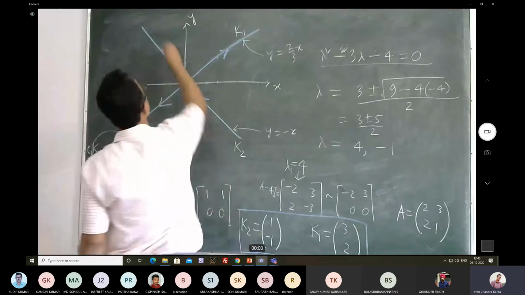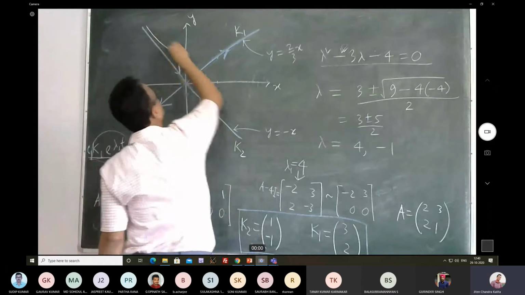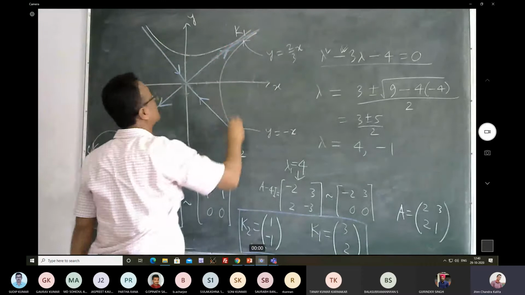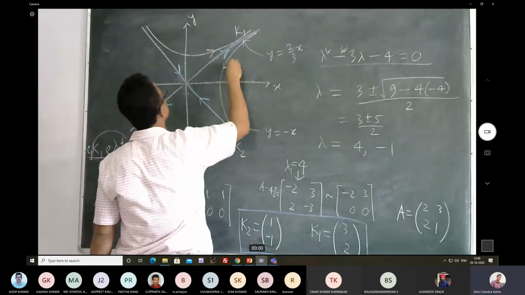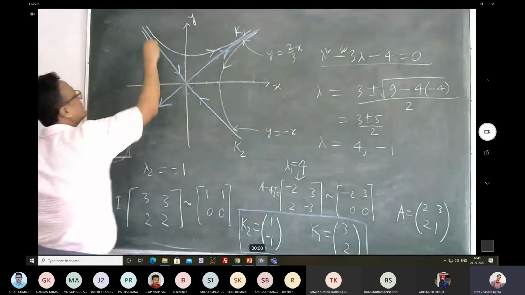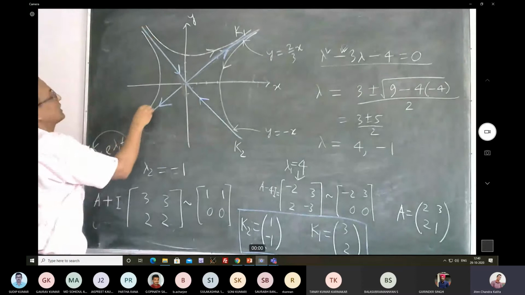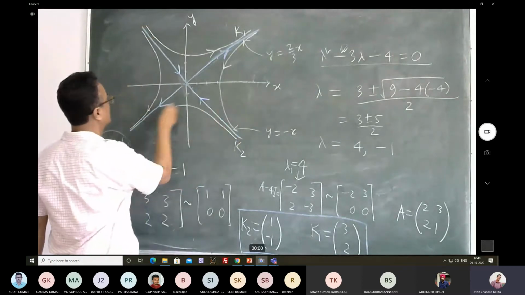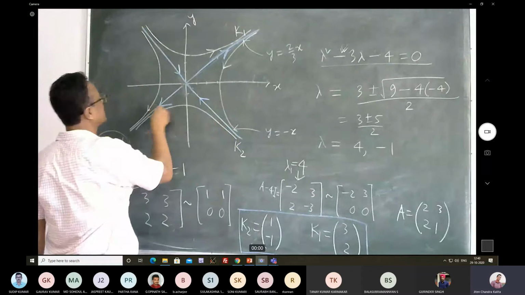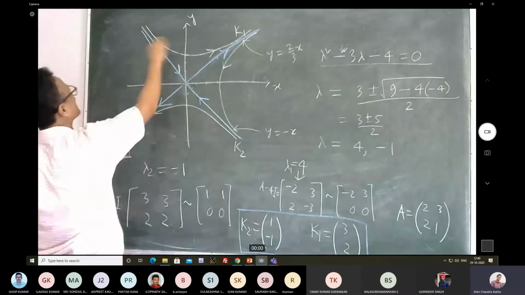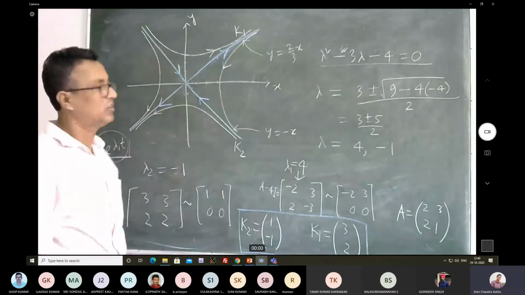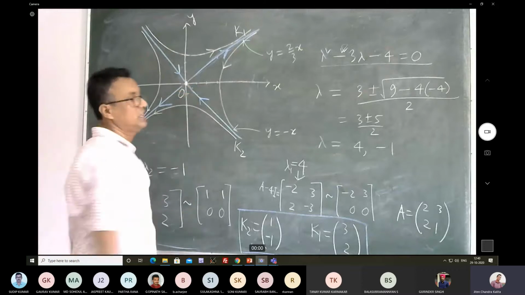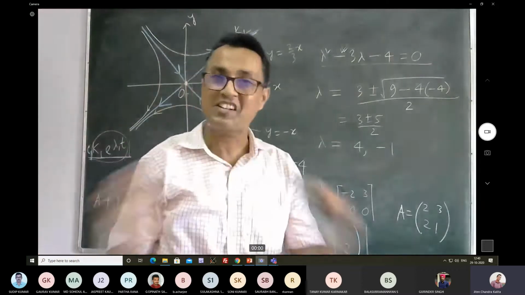So all the others are going to move in this direction, something like this. You can draw as many as you can. So obviously here 0 is a saddle point. Is it clear now?